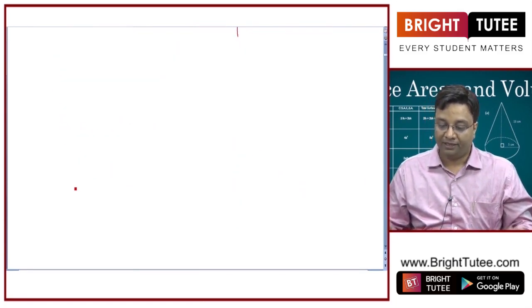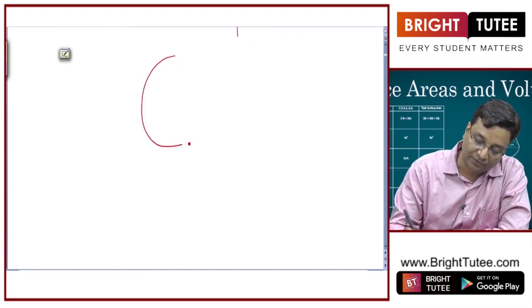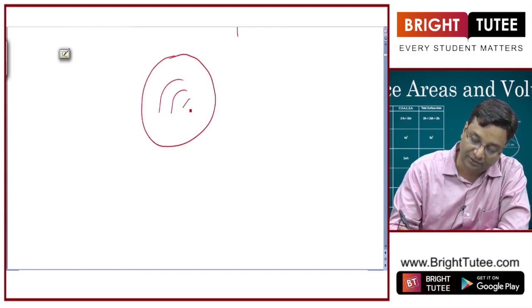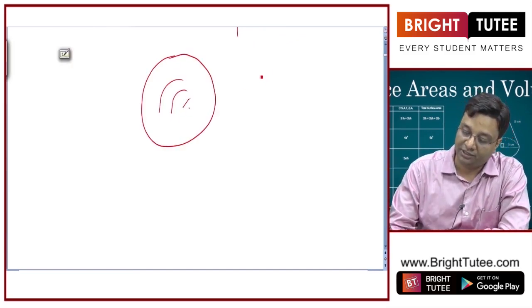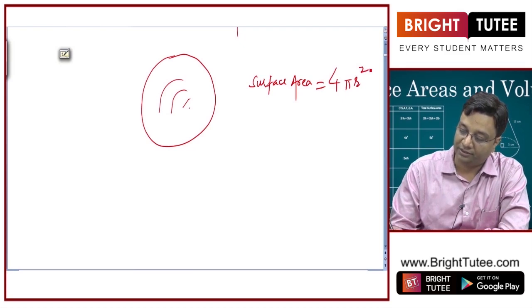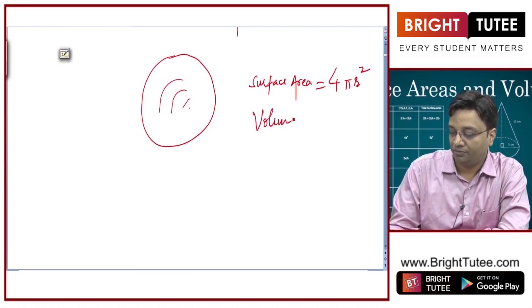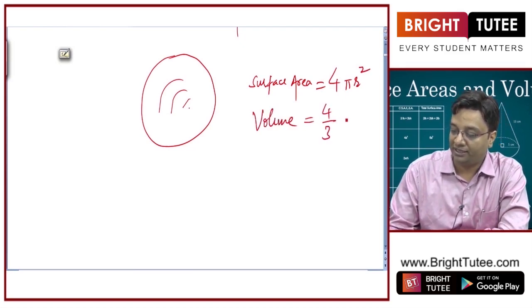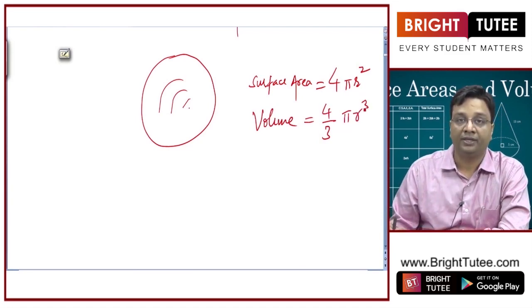Then we studied about sphere also. Let us say this is a solid sphere. What was the surface area? Surface area was 4 pi r square, right? And volume was 4/3 pi r cubed, right?